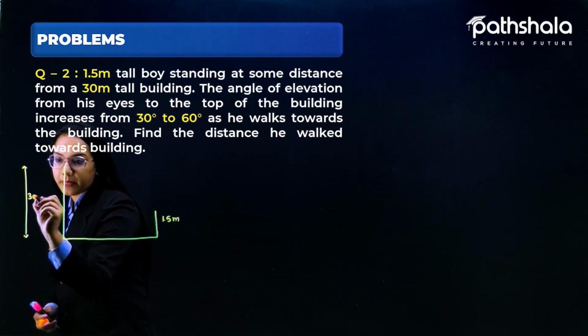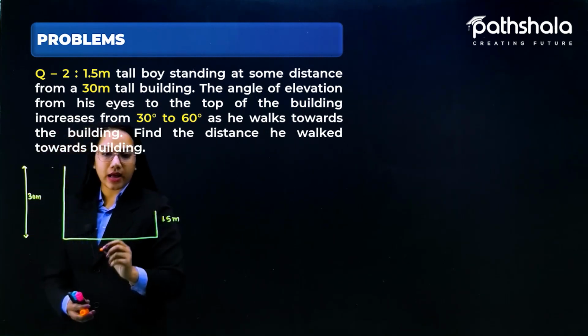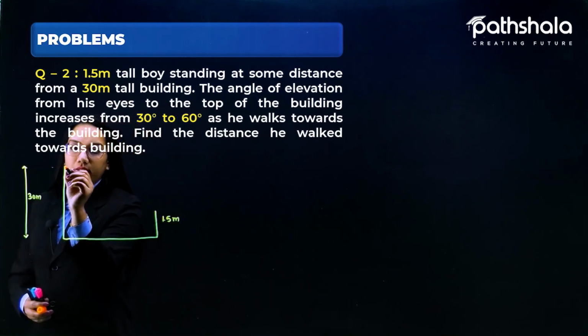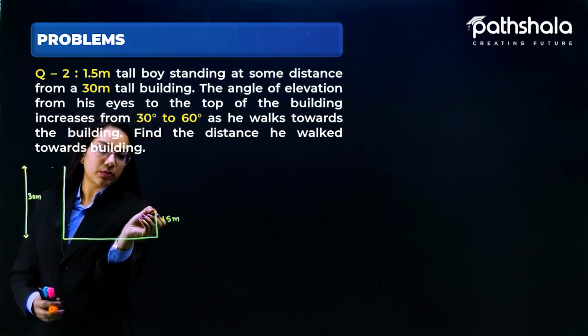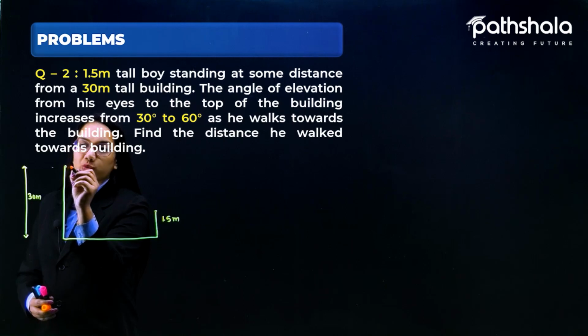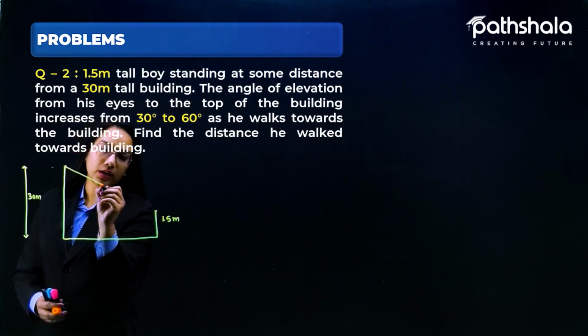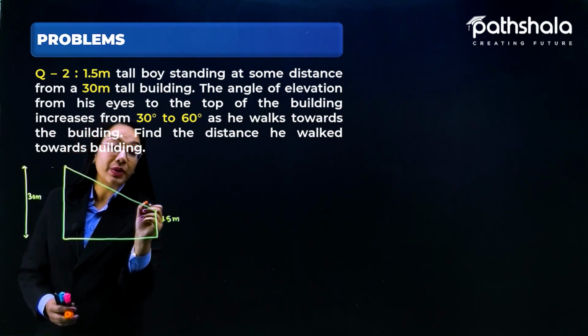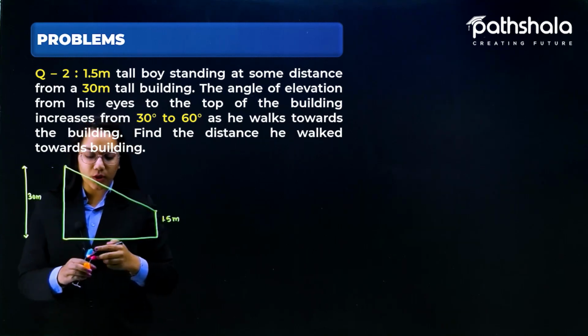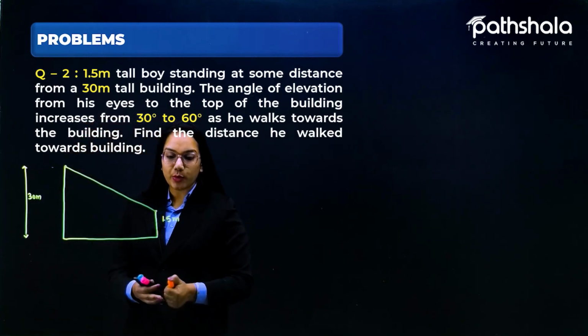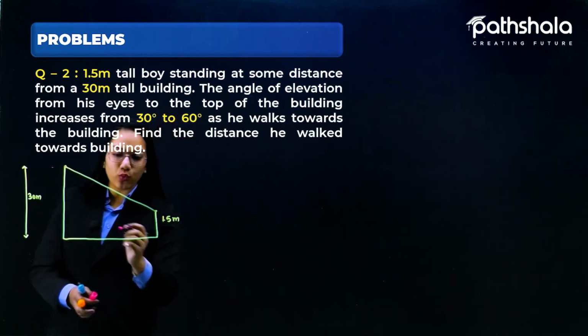This is a 30 meter tall building, and we know that the angle of elevation between the eye of the observer and the top of the building increases from 30 degree to 60 degree. What does it mean? It means that the boy moved towards the building.